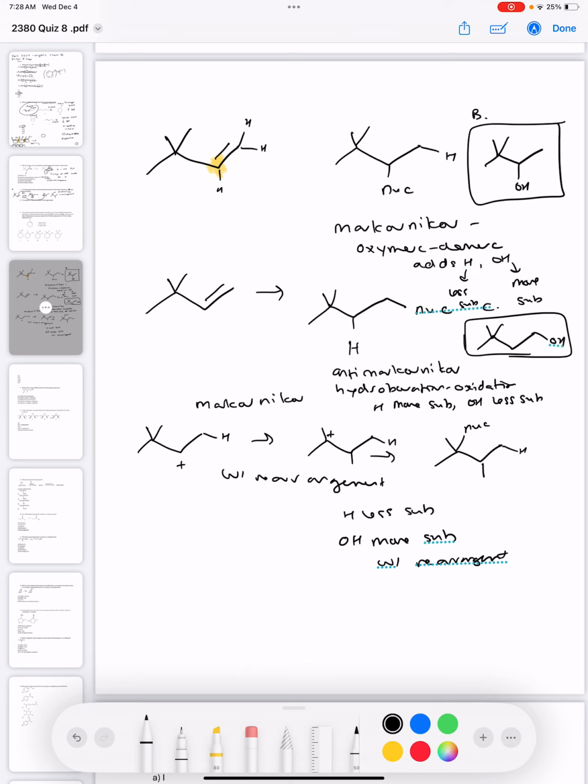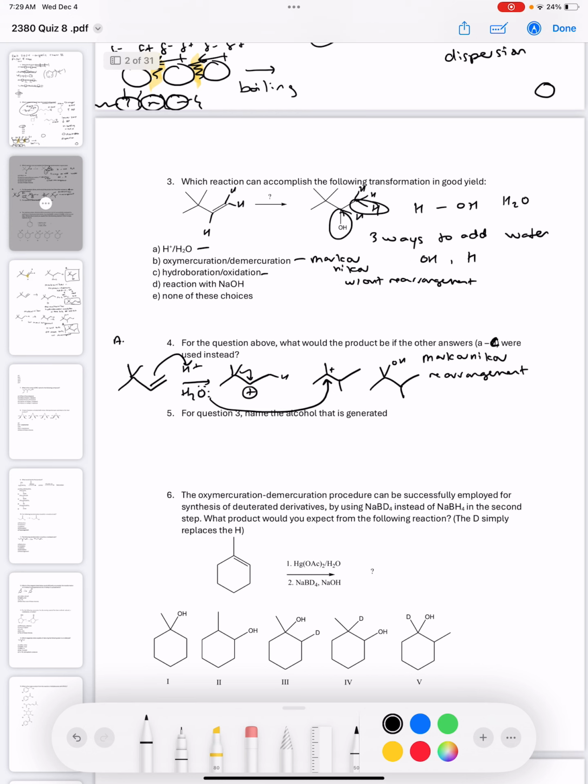And this, if we replace the nucleophile with water, this would be for answer choice A. And then D is just OH minus, just a text, so it doesn't really do anything because they're both nucleophiles. So if we look at the answer choice we have here, we've added this alcohol to the less substituted side. So that must mean it's Markovnikov without rearrangement, so that is answer choice B.